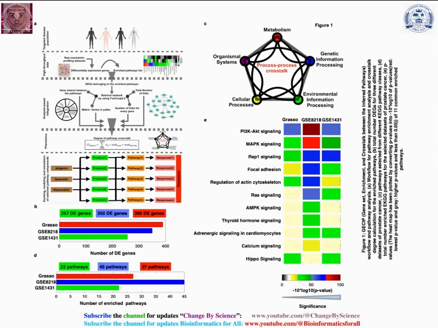So it means that in case of Grasso, there are more genes differentially expressed or altered, but when it comes to their functional impact, then they are showing comparatively fewer pathways. So this is how you can conclude or interpret.